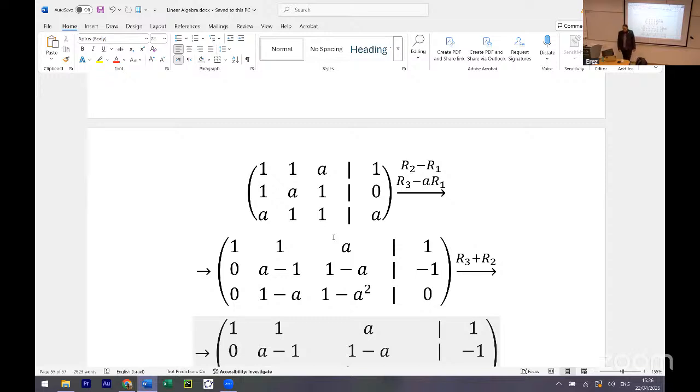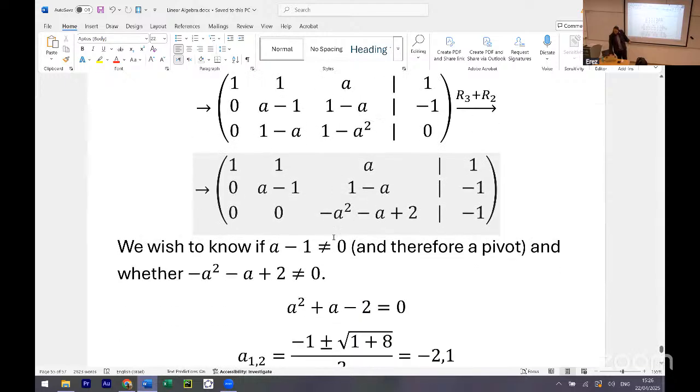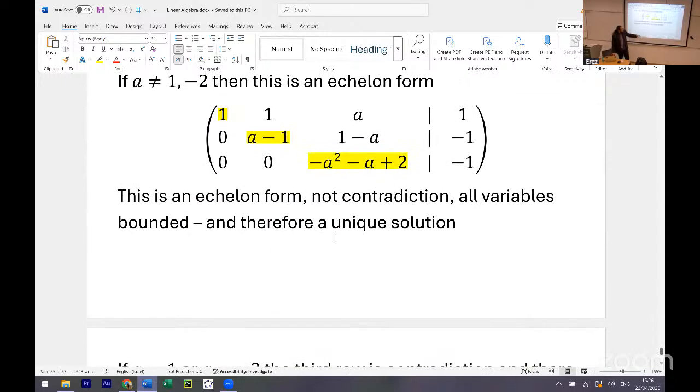But if it did remain there, say this was A minus 1, so if A was 1, this whole row would cancel out, and then we can continue. That changes from exercise to exercise, but it doesn't matter to us because the process is such that a computer can do it.